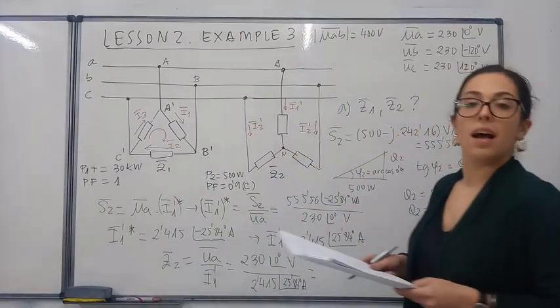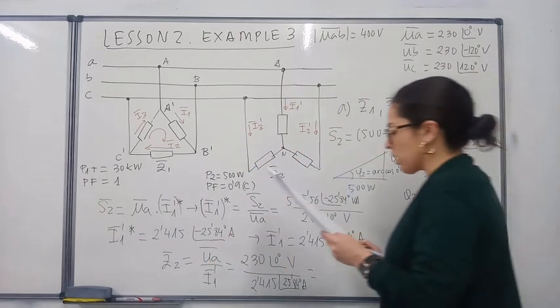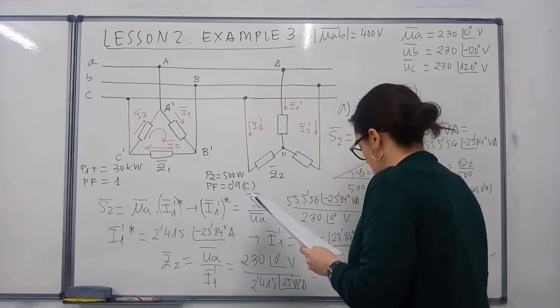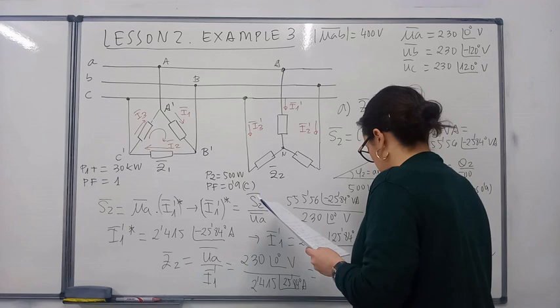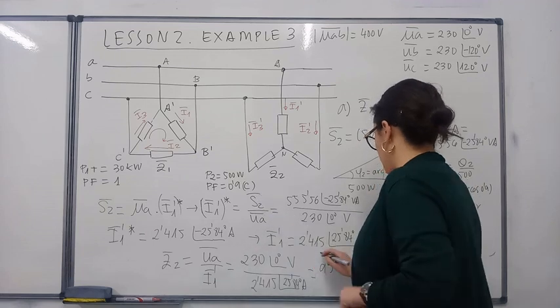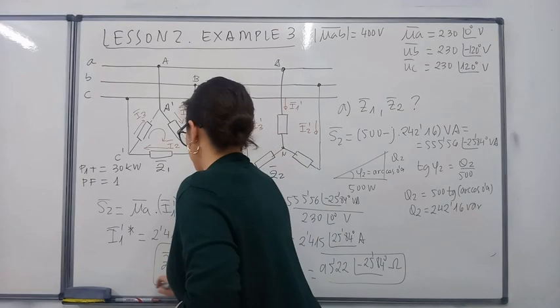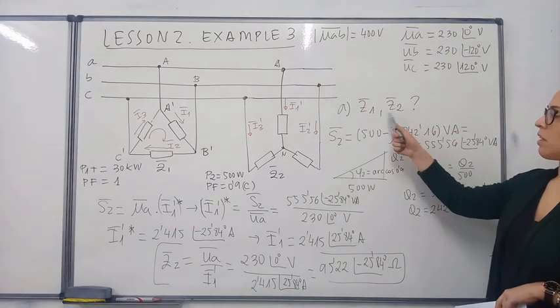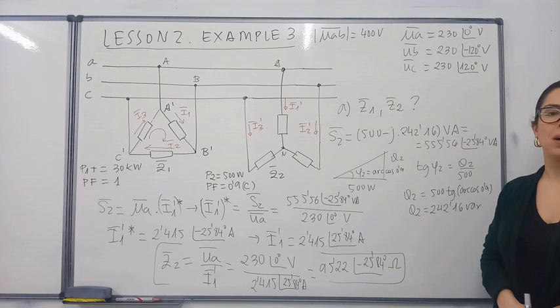That gives a value for the impedance equal to 95.22∠-25.84° ohms. And with that, you have obtained the values for both impedances 1 and 2.